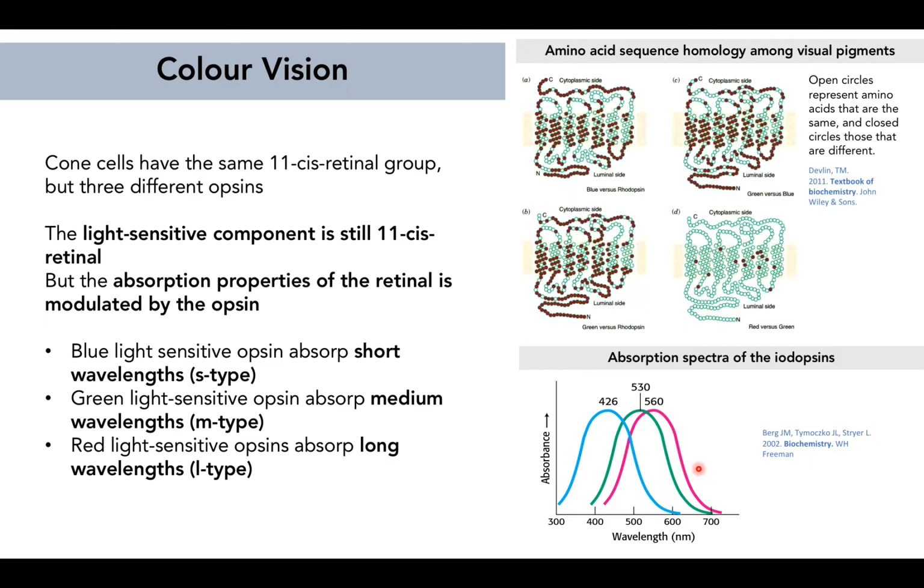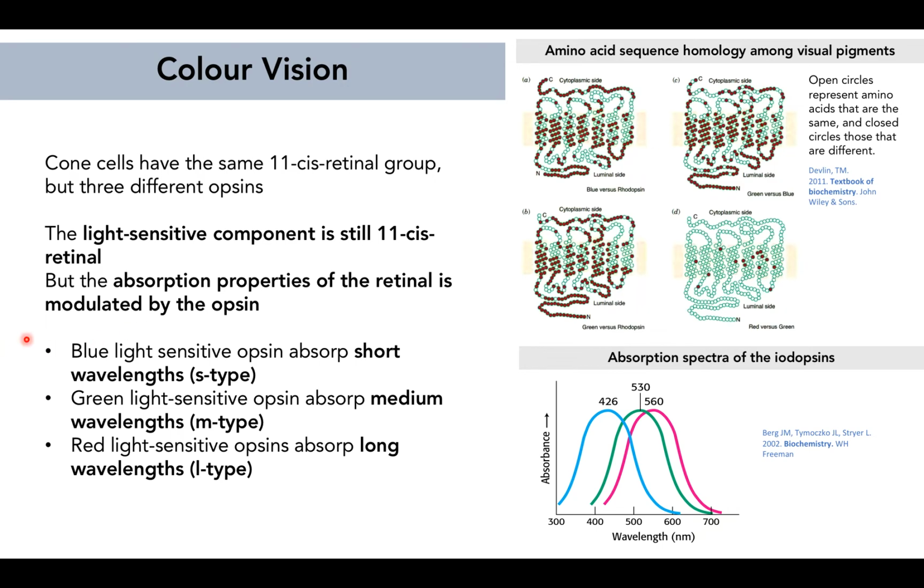So that's what we just talked about: phototransduction basics in light vision. But color vision is very similar. The only difference is that we have three different kinds of photopigments in the cone cells, and they're different because of their amino acid sequences.